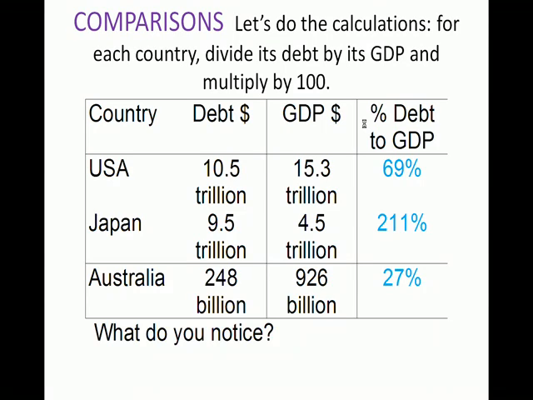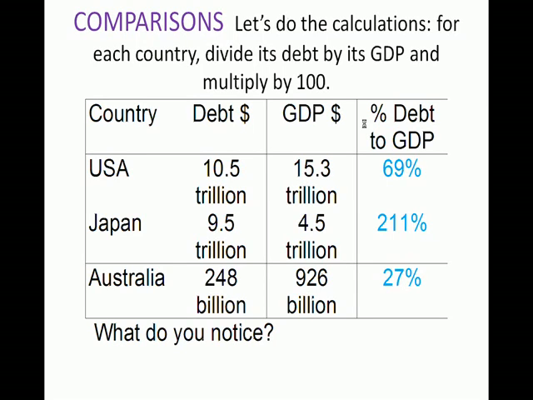Doing the same thing for Japan. 9.5 debt, 4.5 GDP, both are in trillions. 9.5 divided by 4.5 times 100 gives you 211%. In Australia, 248 divided by 926 times 100 is 27%.